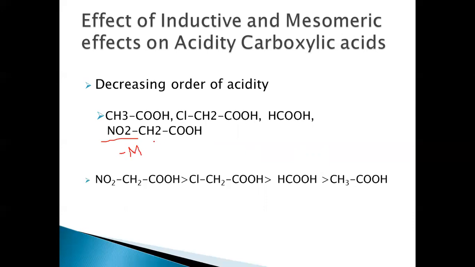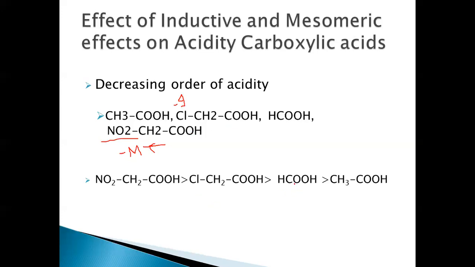It will withdraw the electron density from the ring, thus increasing the acidity of the acid here. So this nitro-substituted acetic acid is more acidic than chloroacetic acid, and this chloro group is a minus I group here. And as mesomeric effect predominates over inductive effect, chloroacetic acid is less acidic.